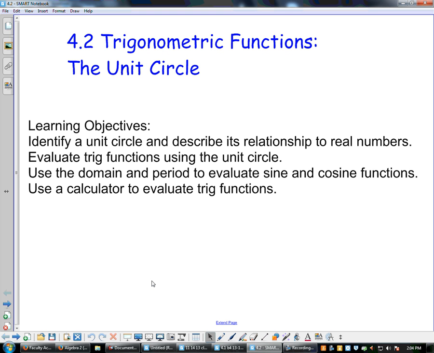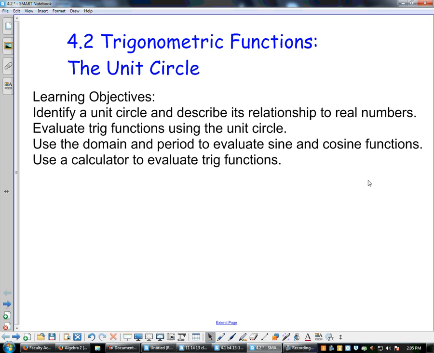Your learning objectives, which you do not need to write down: identify a unit circle and describe its relationship to real numbers, evaluate trig functions using the unit circle, use the domain and the period to evaluate sine and cosine functions, and use a calculator to evaluate trig functions.